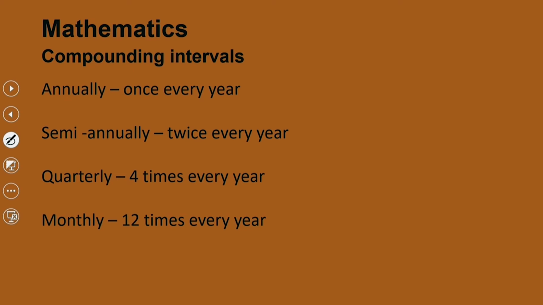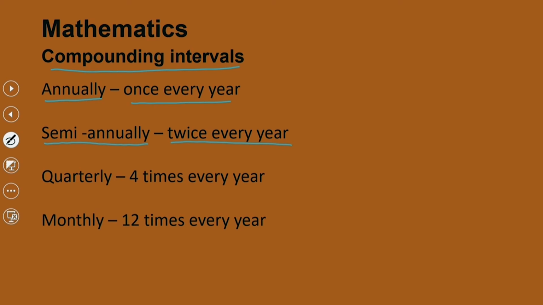So let us talk about what the compounding intervals are. Compounding intervals are very interesting, and first of all, we have annually. When you're compounding annually, we say once every year. When you are compounding semi-annually, it means twice every year, right?